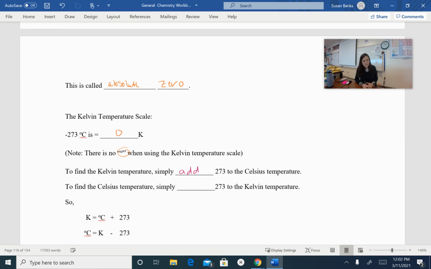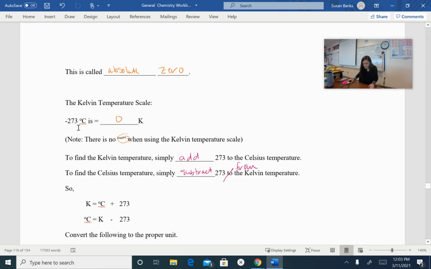But if I want to find the Celsius temperature, I have to simply subtract 273 from the Kelvin temperature. Okay? So here are the equations right here.